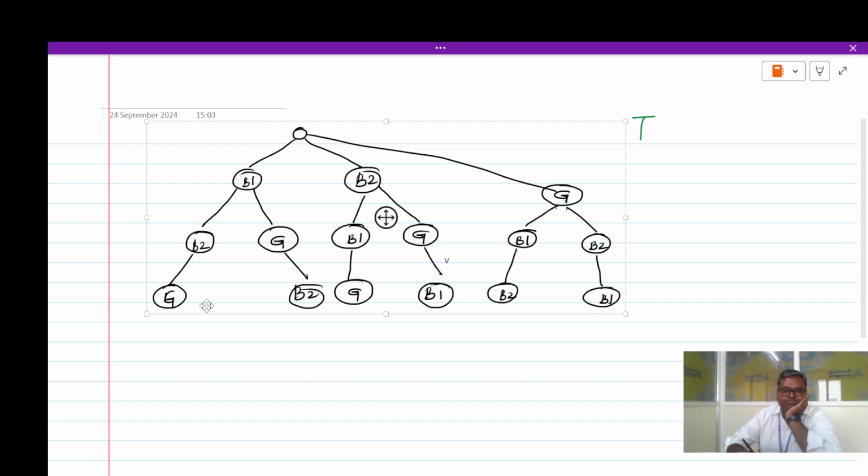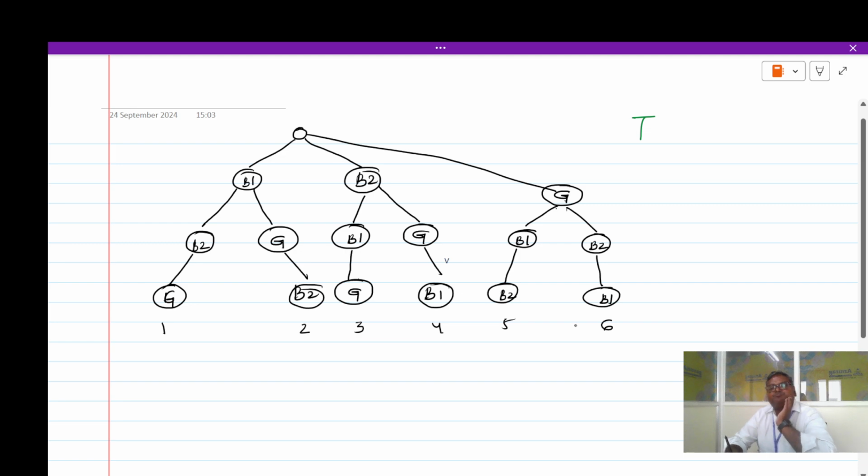So this is 1. This is 2. This is 3. This is 4. This is 5. This is 6. 6 paths are there. Coming to the first path, it is valid because girl is at the end. Now coming to the second path, if you see, girl is in between boys.